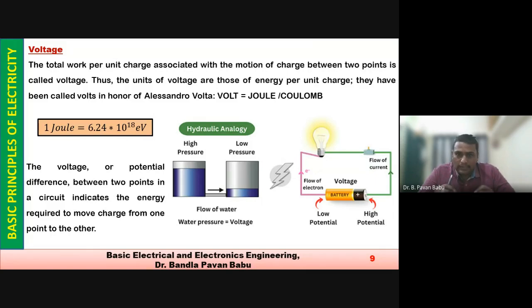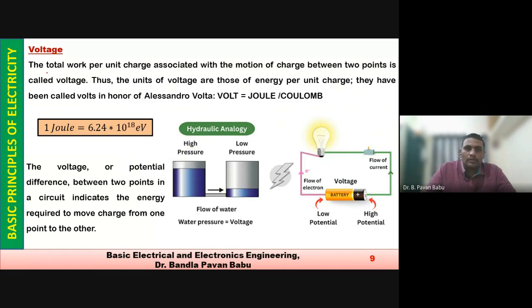Or else, the other way of expressing the definition is that the difference between the potential of these two particles can be termed as a voltage, right? Okay, so let us go to the standard terms.